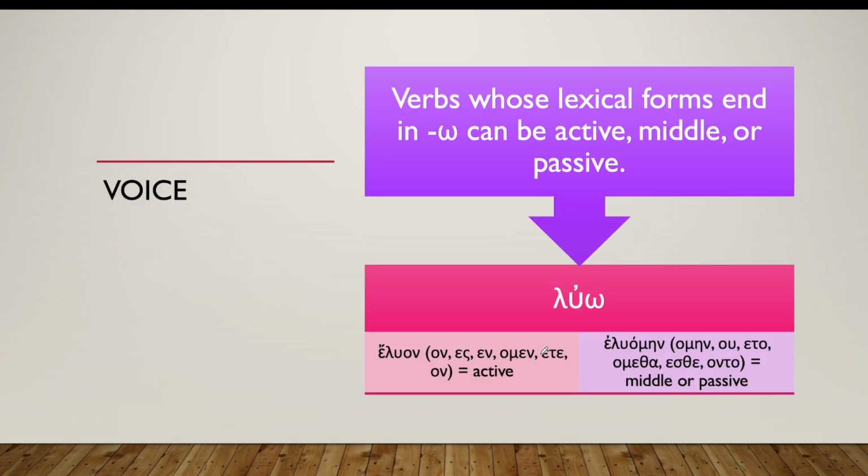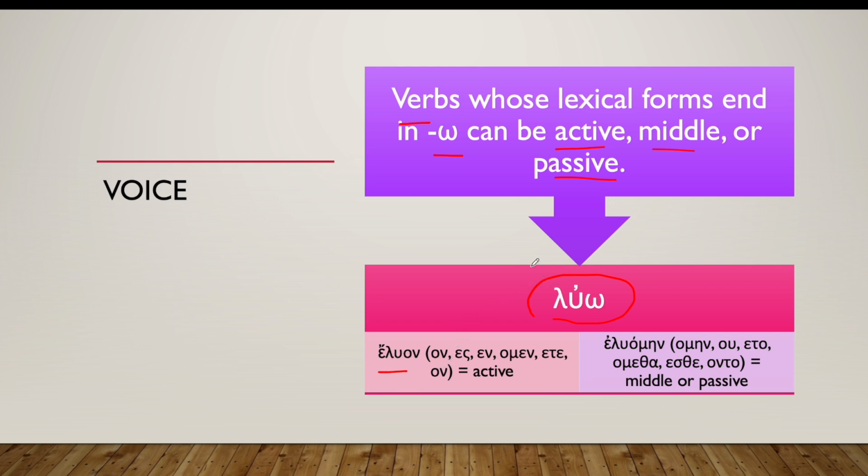So an important distinction needs to be made here. Verbs whose lexical forms end in omega can be active, middle, or passive. The example I'm using here is luo. These are the active endings.